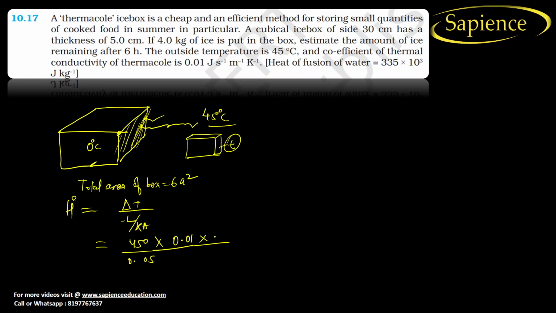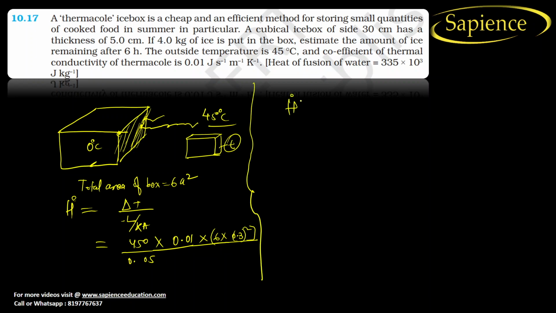The area is 6a square, that is 6 into a, where the side is 0.3, whole square. So this is the equation. We have got this equation, right?